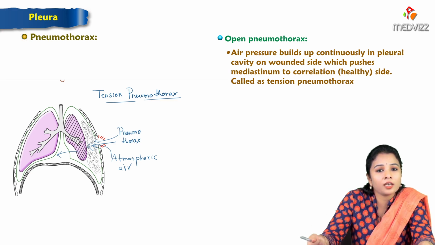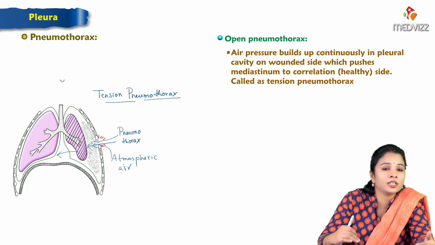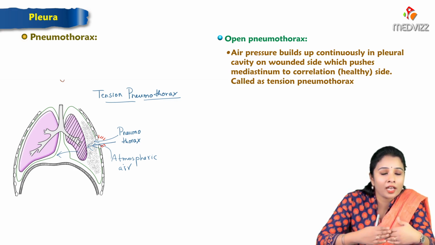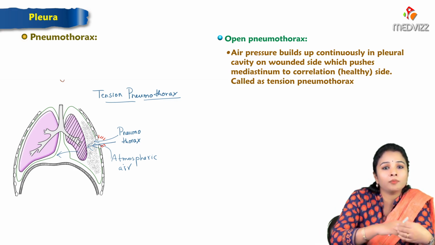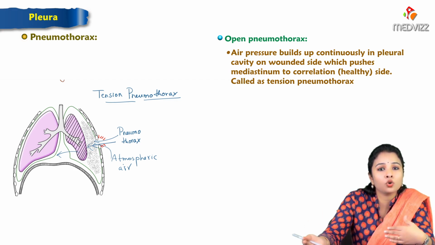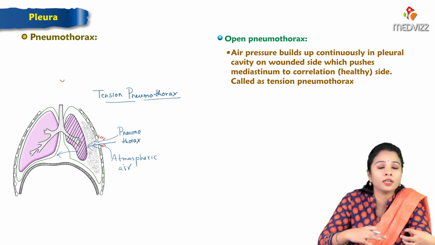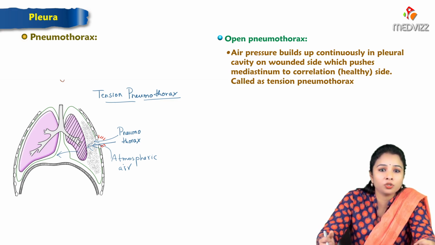If there is any stab injury, the atmospheric air enters inside the pleural cavity, and the wound tissues and the clothing act as a valve which allows the air inside but doesn't allow it to go outside during inspiration. So air starts accumulating inside the pleural cavity, which is called tension pneumothorax.